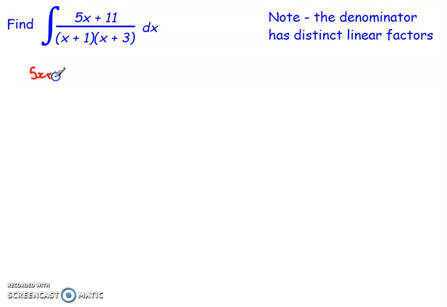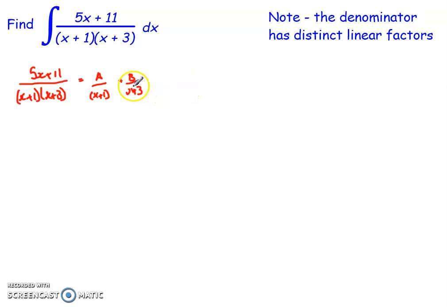So we know we've got 5x plus 11 over the denominator, so that's going to be over x plus 1 bracket x plus 3, and we want to split it into 2 fractions. We know one fraction is going to be A over x plus 1, plus B over x plus 3.